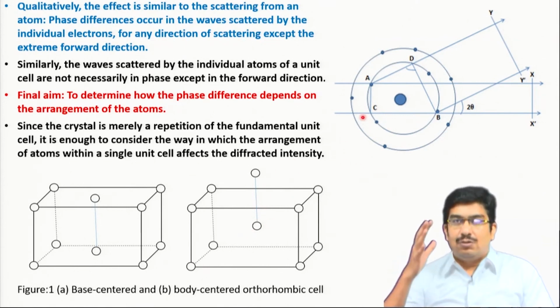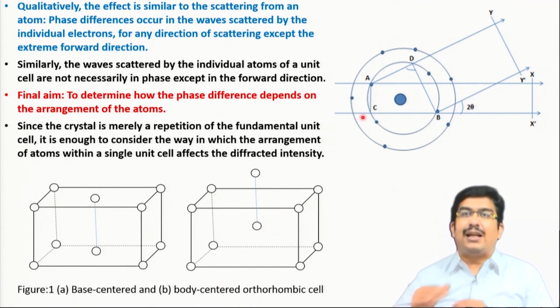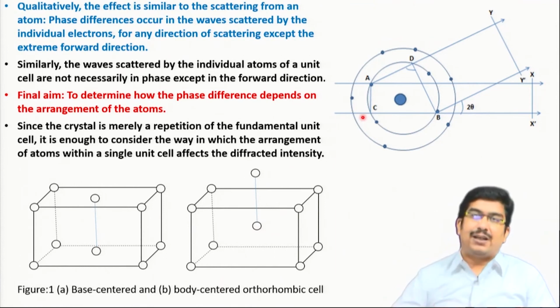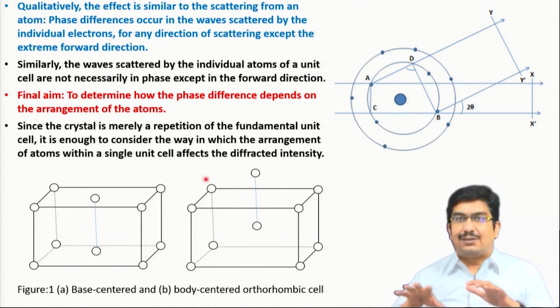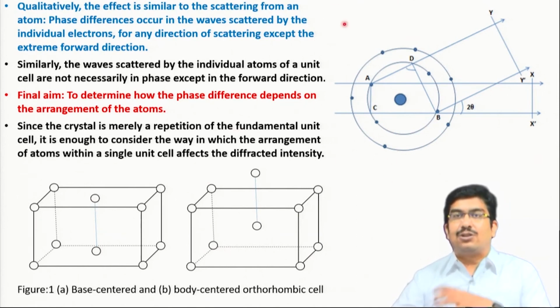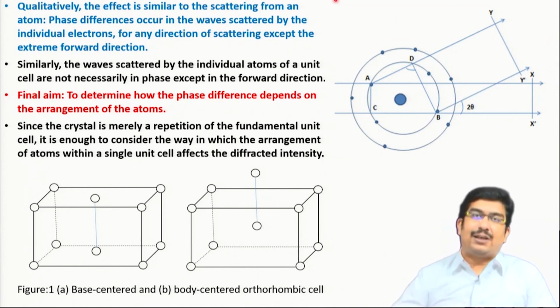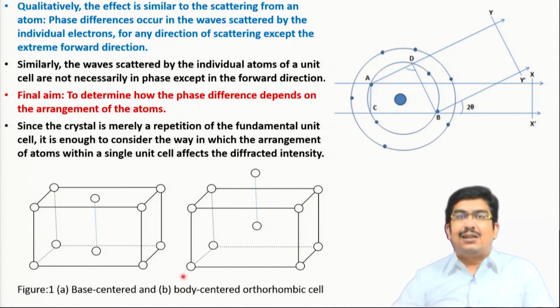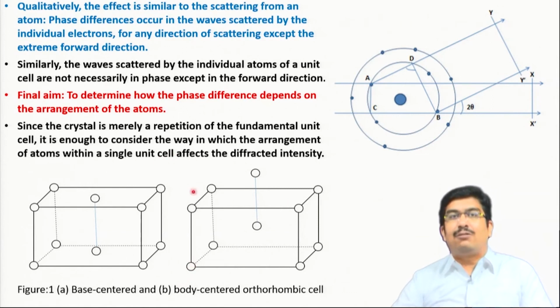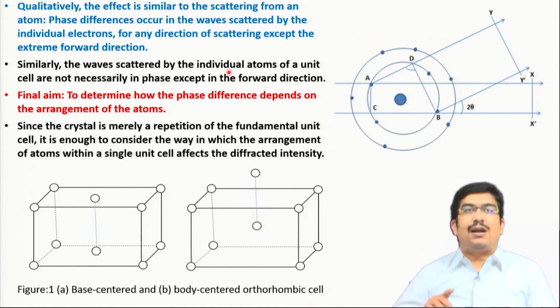If we consider a direction defined by Bragg's law, where Bragg's law is satisfied, and try to calculate the intensity of the diffracted beam, we will see that the waves coming out of the corner atoms and the wave coming out of the body centered atom will have a different phase.